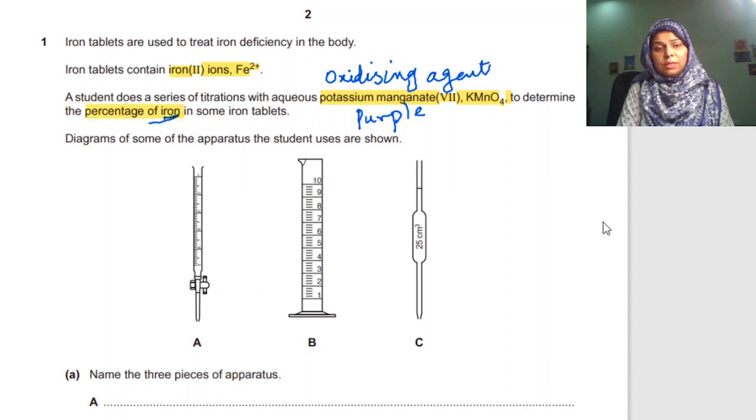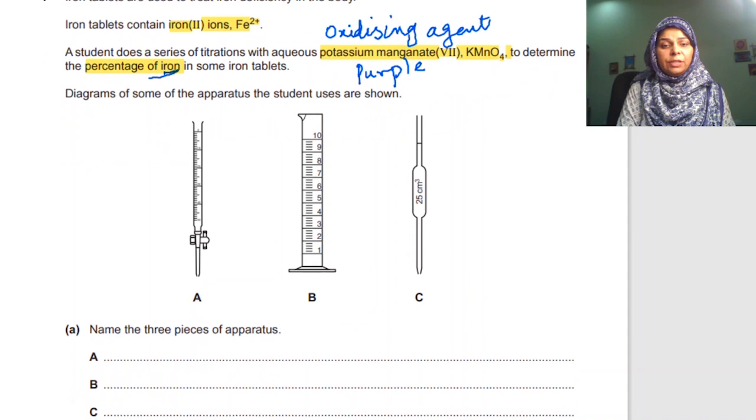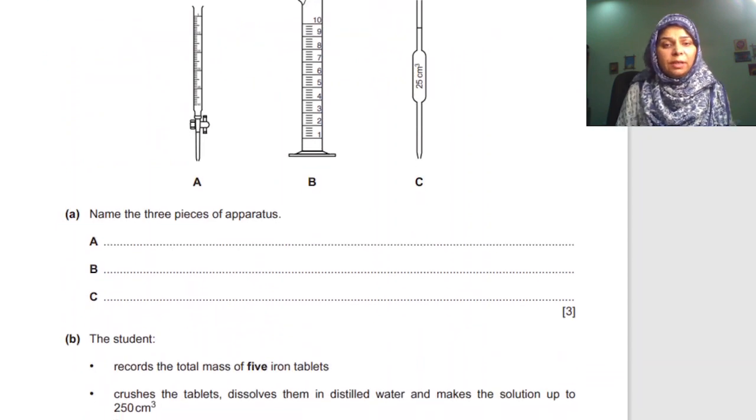By using this process. A diagram of some of the apparatus the student used is shown. The apparatus which the student used are these. A is, everybody knows, the burette. This one is our burette.